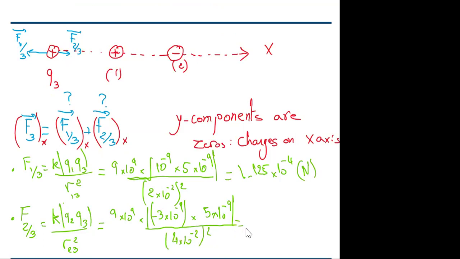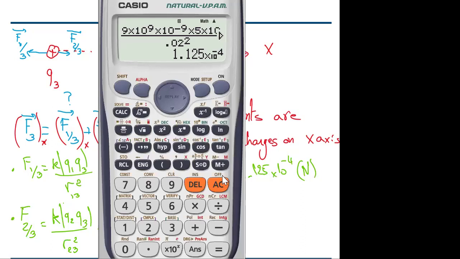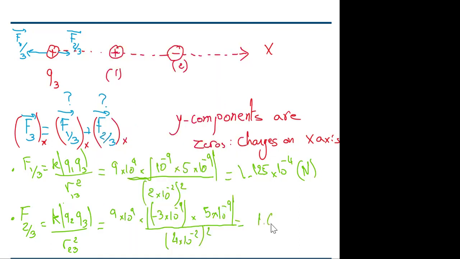So here instead of 10 to the power 9, we will write 3, and instead of 0.2, we will write 4, and the result is 1.69.